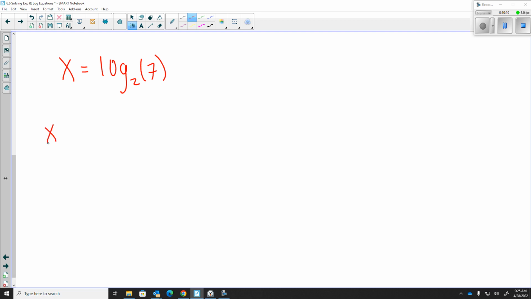Yes, so in your calculator, you have a log button, right? You need to do log of the top number divided by log of the bottom number. That's called the change of base formula. And it's some decimal. What is it? 2.81.